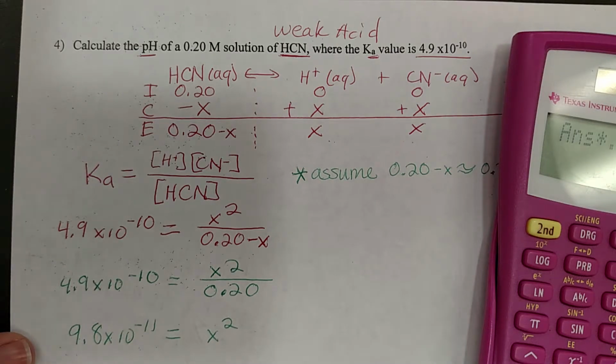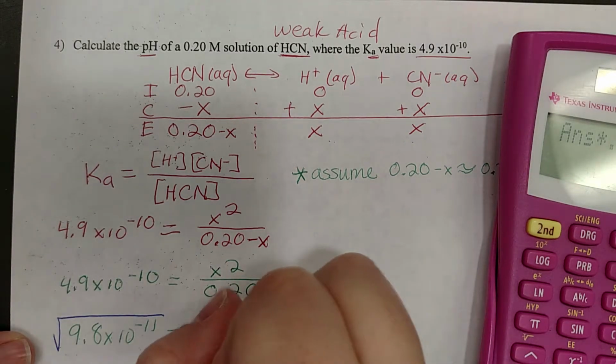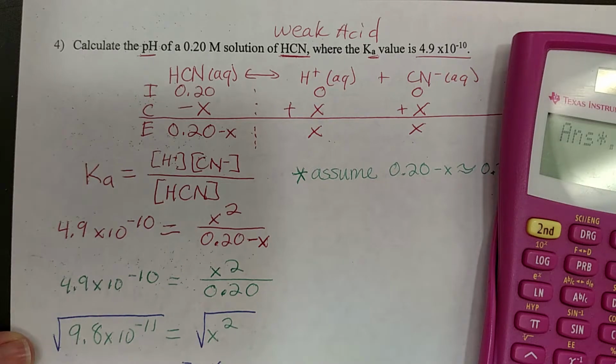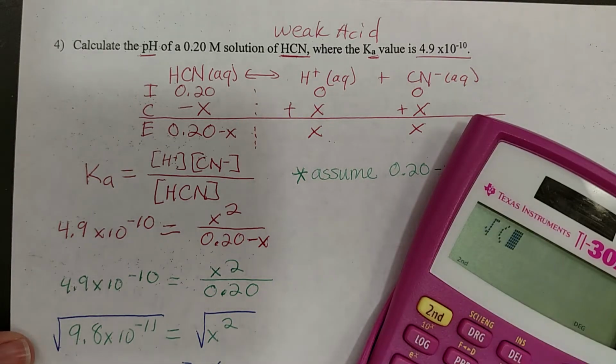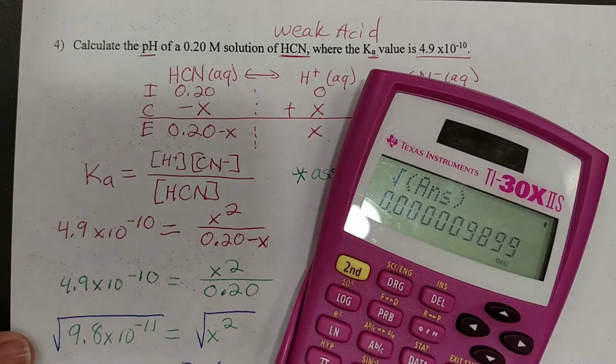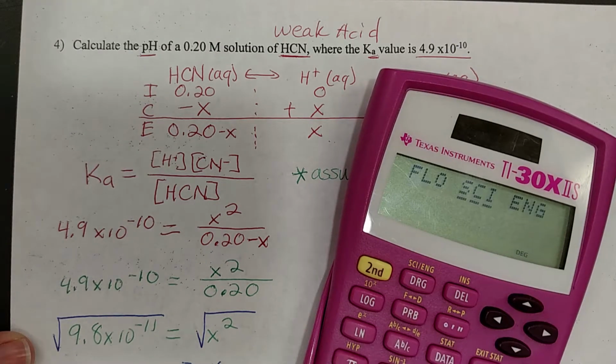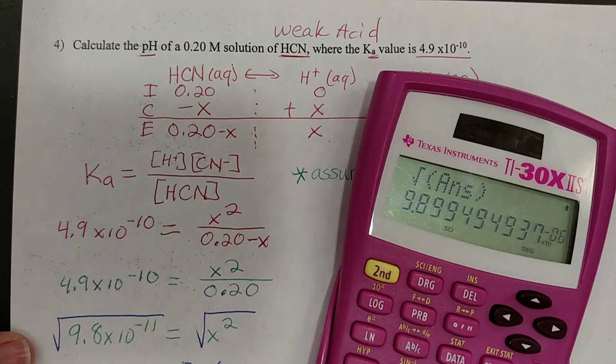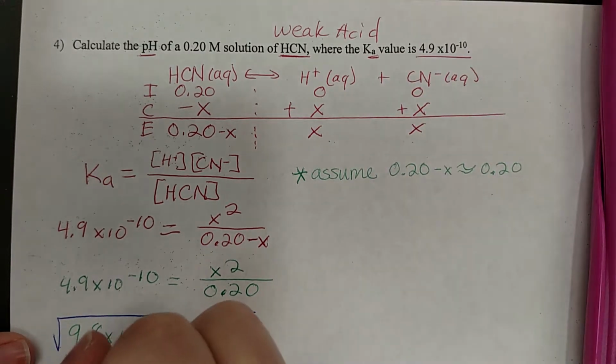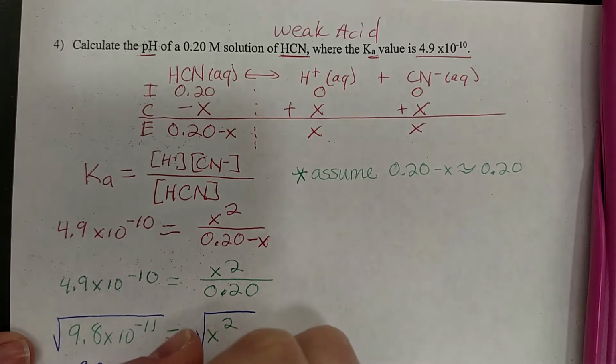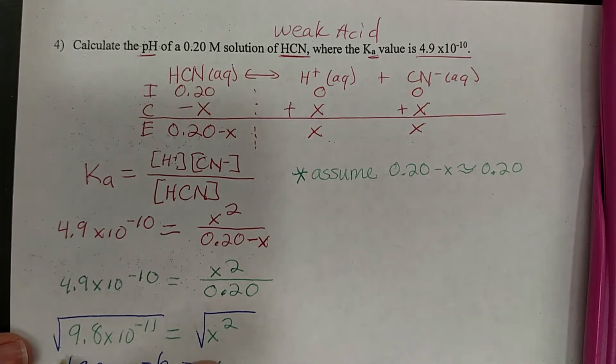From here, we can do our square root of both sides to find our x value. Find the square root, and let's change the scientific notation. 9.89 times 10 to the negative 6. So we're keeping two sig figs, so 9.9 times 10 to the negative 6 is our x value.